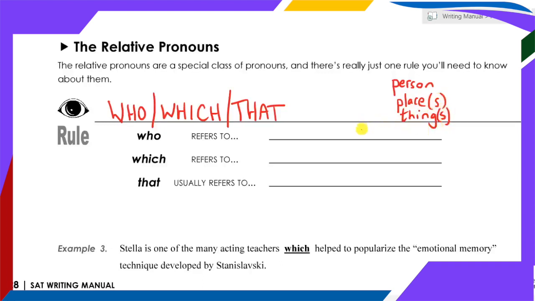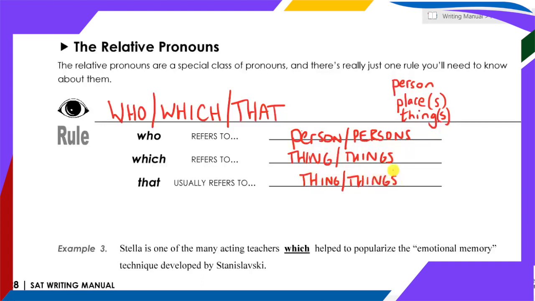So the who, the which, and the that can only refer to specific types of nouns. The who refers to person or persons. The which refers to thing or things. And the that also is going to refer to thing or things.